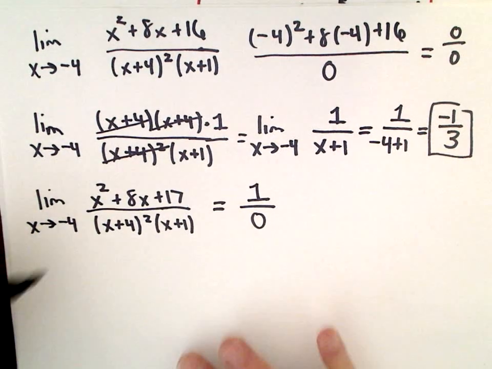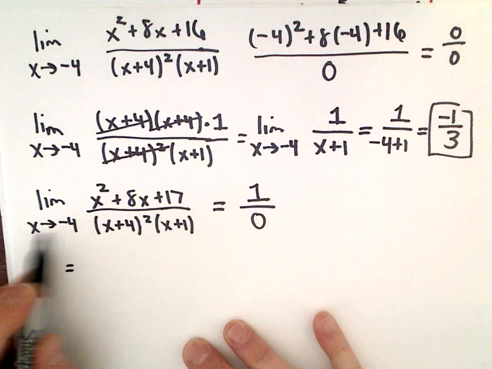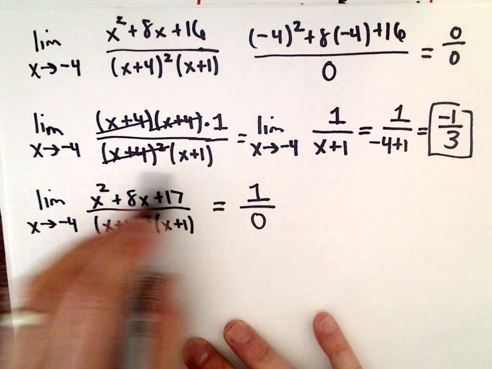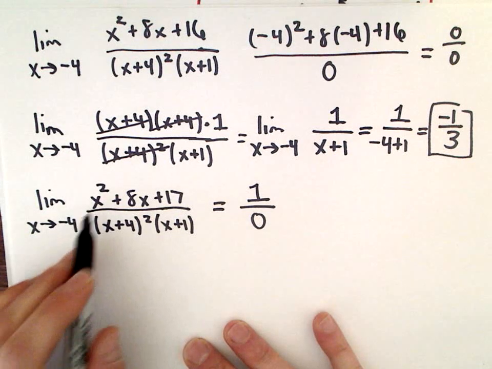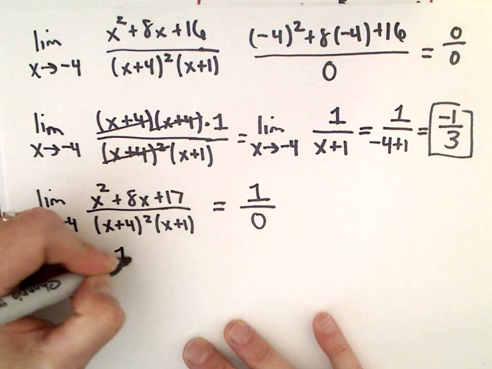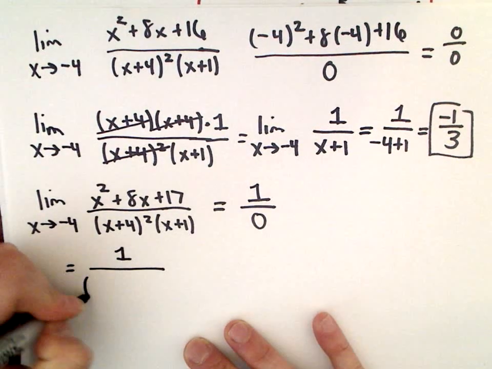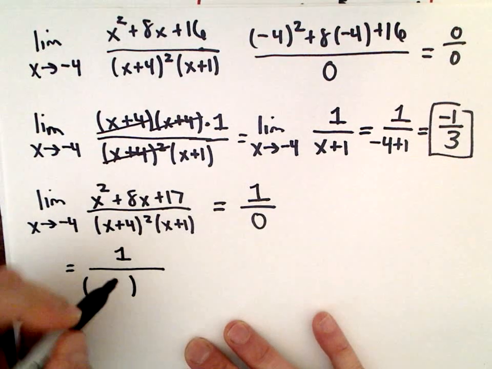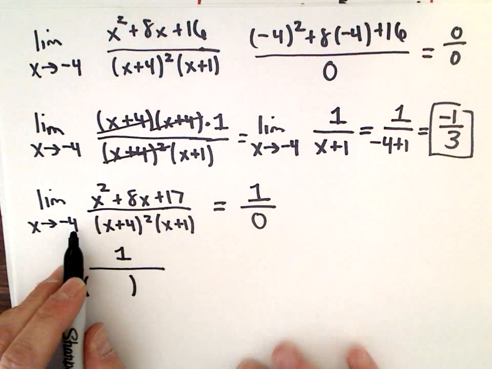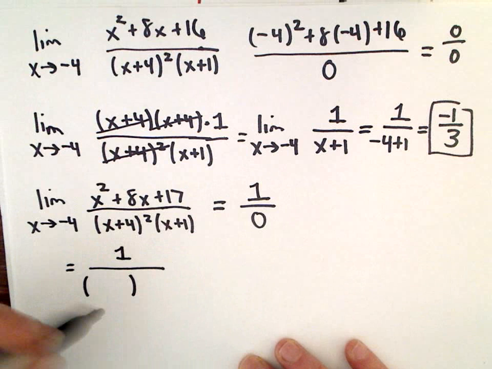Again, I substitute in -4. If I plug -4 into the numerator, you can do the arithmetic, -4 squared plus 8 times -4 plus 17. That's going to give me +1. Now this is where I should be a little careful.